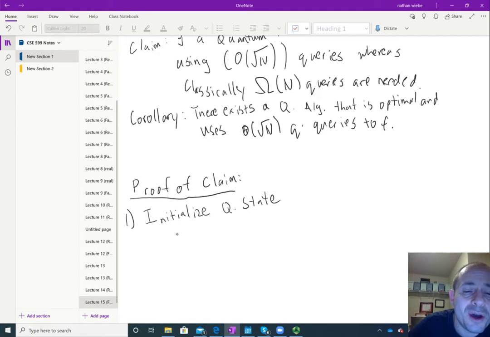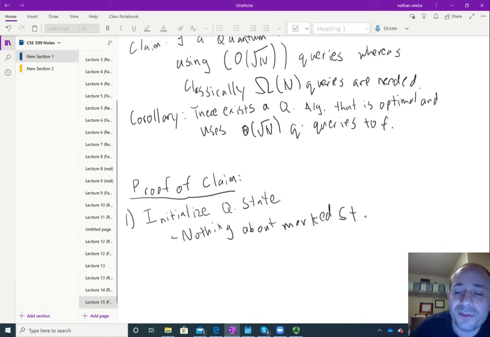Now, we know nothing about the marked state. Except, let's just say without loss of generality, I'm going to call the marked state that we're searching for M. I'm also going to assume, just for this discussion, that the marked state is unique.